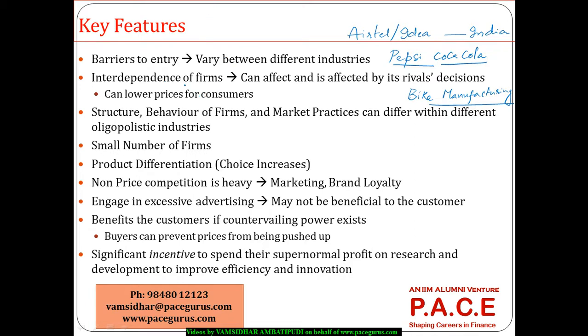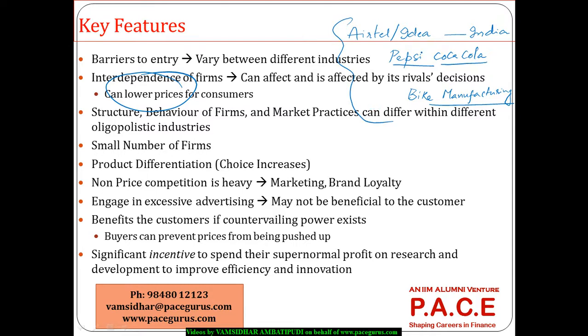But overall, because of this kind of competition, the customer may benefit, because as a part of their competition, they may cut down prices, which can benefit consumers. But of course, all these are oligopolistic industries.